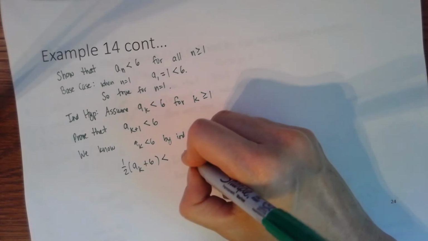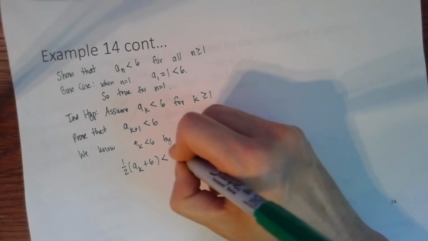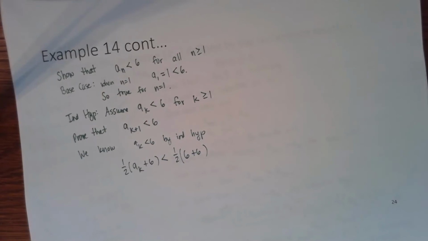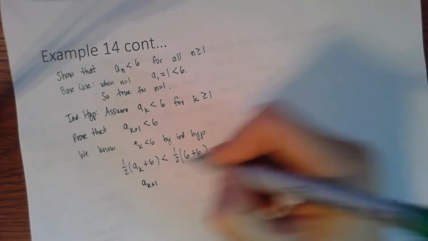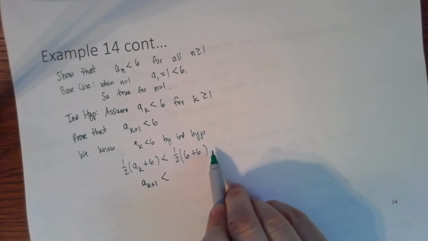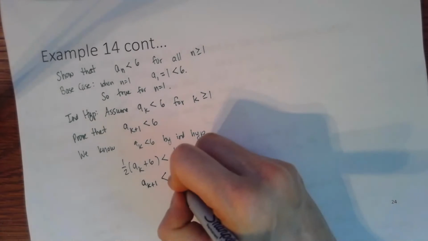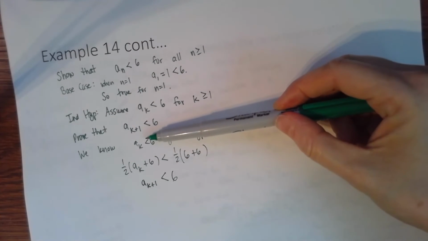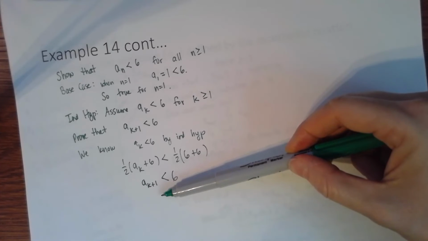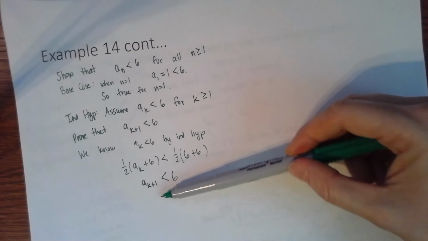So I take 6, add 6 to that, and multiply by a half. Well, 1/2 of a sub k plus 6 is a sub k plus 1, and half of 6 plus 6, that's half of 12, is 6. So if a sub k is less than 6, then a sub k plus 1 also has to be less than 6.